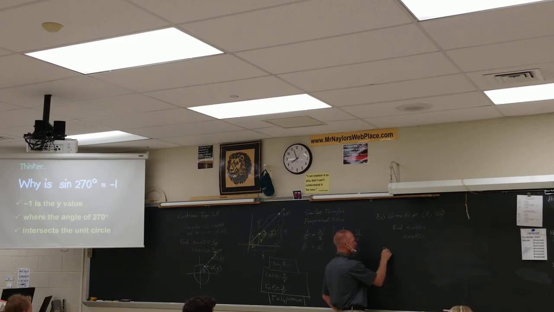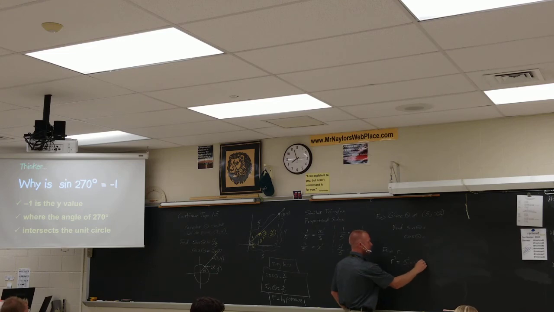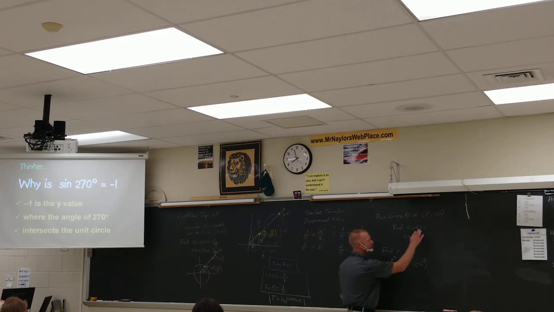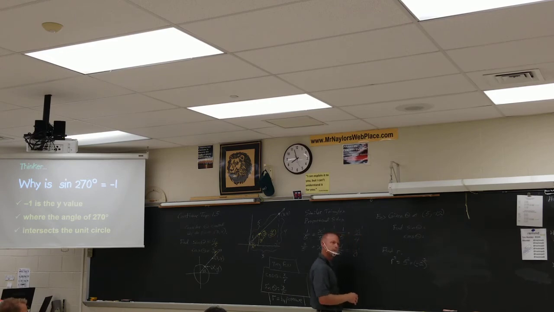It's a little bit of a sidebar here, but to find r, you're just going to think about the Pythagorean theorem, unless you recognize some kind of special triangle. I don't expect kids to recognize the hypotenuse for a triangle that has a 5 and a 12. But the Pythagorean theorem will find that hypotenuse every time.